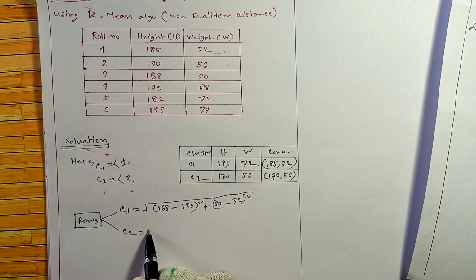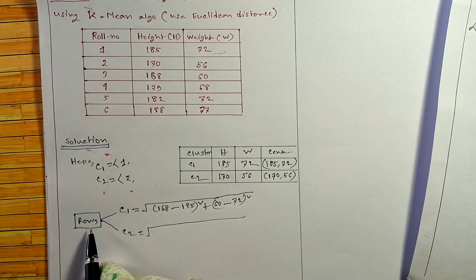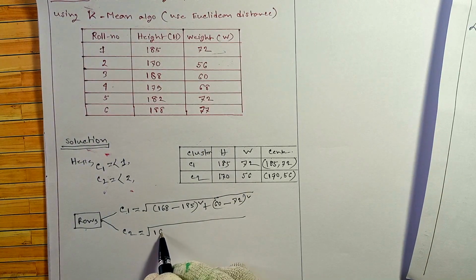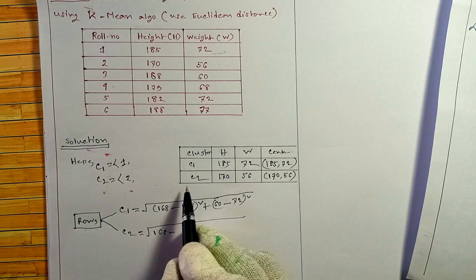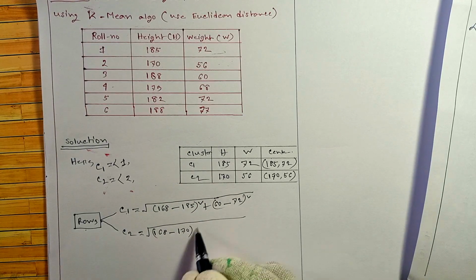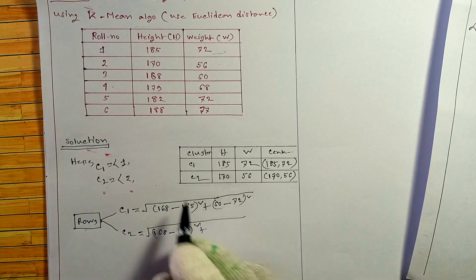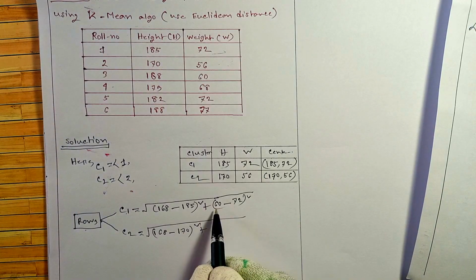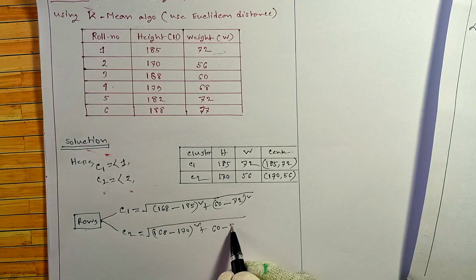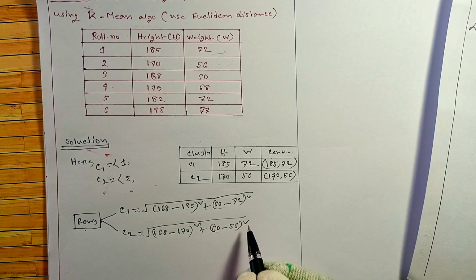In a similar way, we know row 3 is 168, so 168 minus c2, which is 170, whole square, plus we know row 3 is 60, so 60 minus 56, whole square.